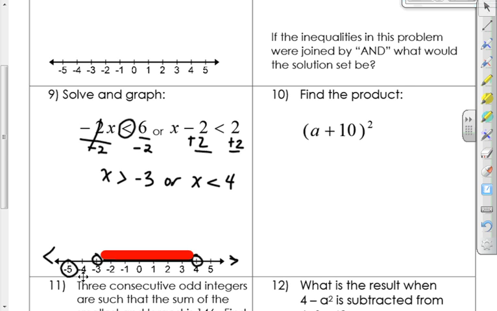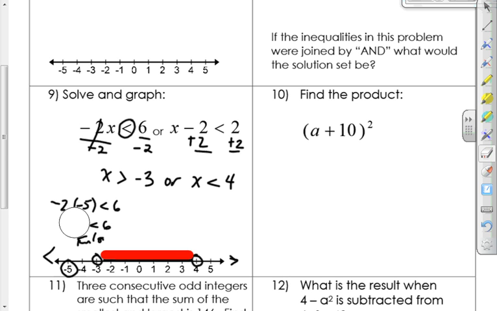So let's say we picked -5 and we plugged it in. -2 times -5 is less than 6. We would get 10 is less than 6, which is false.